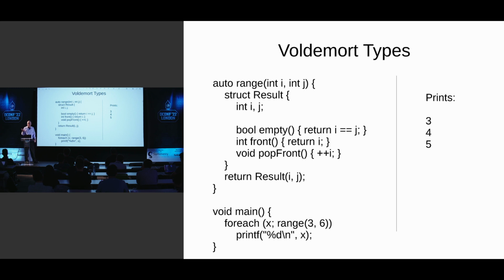It's a chunk of data that has certain capabilities. In this instance, the abilities are empty, front, popFront. You can use it as a range: foreach x in a range from 3 to 6, print it out, and there's your result.